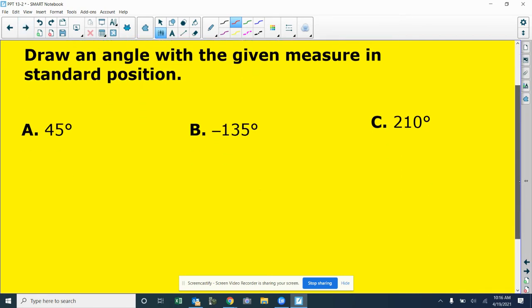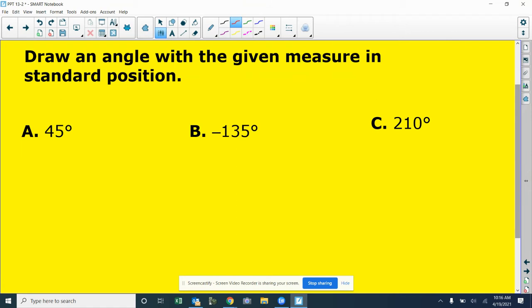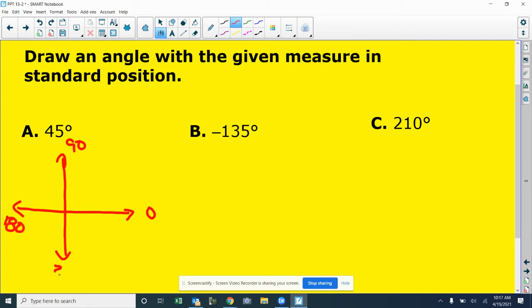Hopefully you like that. Draw an angle in the standard position of a 45. Let's do this first one together. We're always going to start with your x and y coordinate. Sometimes it's helpful to label it 0, 90, 180, 270, and all the way around is 360.